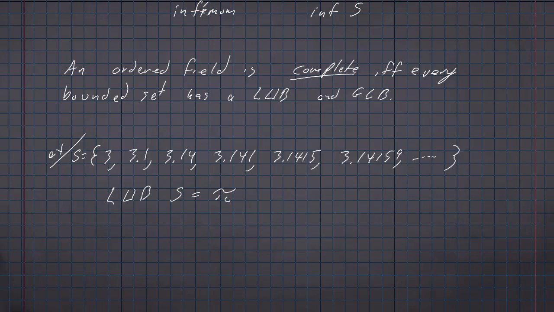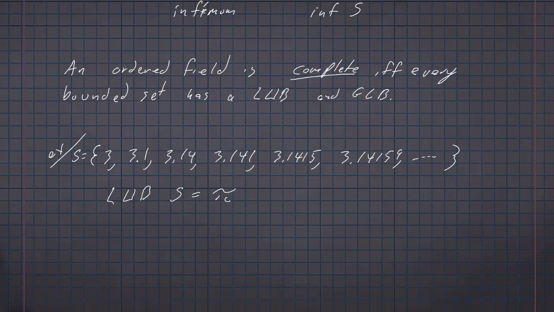And I use this as an example because every single element in this set is a rational number. They can all be written as fractions because they are all terminating decimals. But the least upper bound is pi, an irrational number.